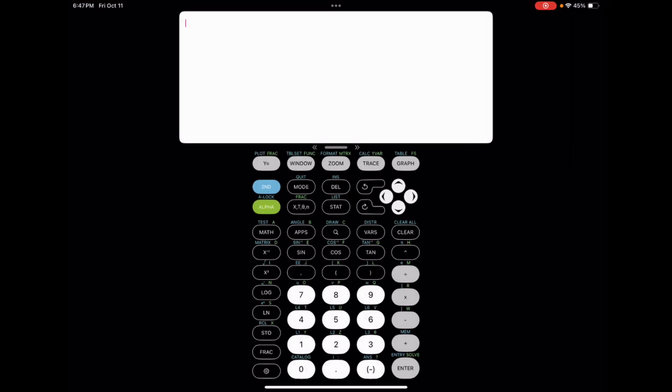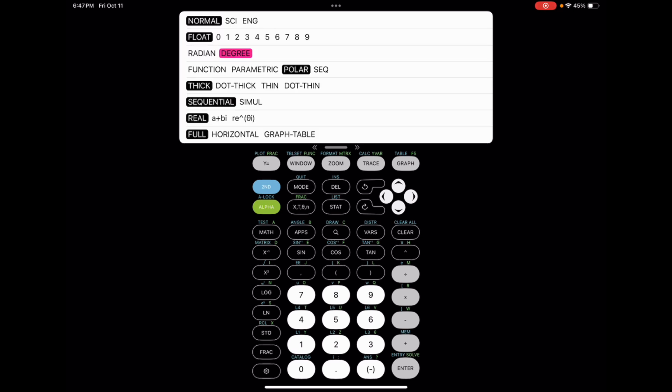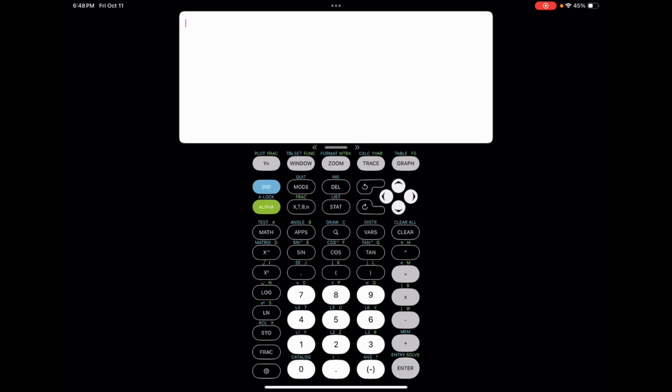So for example, if I want to graph, I need to change from rectangular to polar coordinates. How to change? I click mode, and then I need to highlight degree or radian. If I highlight degree and then move down, here is function, and move to polar. Click enter, so we are done and we can quit.